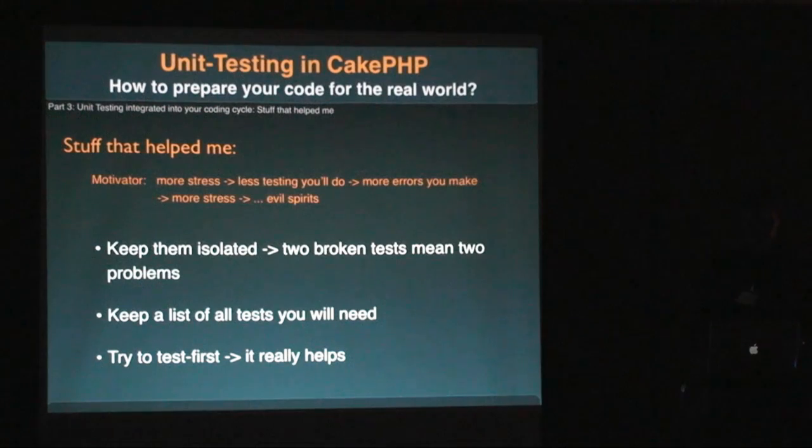Yeah, unit testing is all about keeping them isolated. So when you have two broken tests, it should mean to you to have two problems. And the next one I find pretty useful as well. When you write any test down on a little list, on a little sheet of paper, you are being a lot more conscious about what you are doing right now.